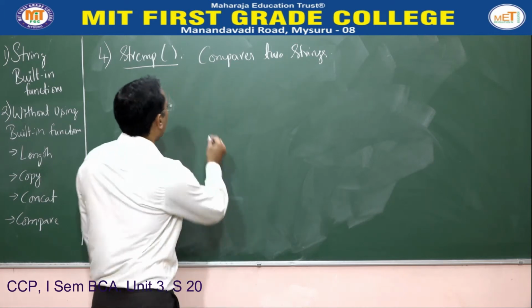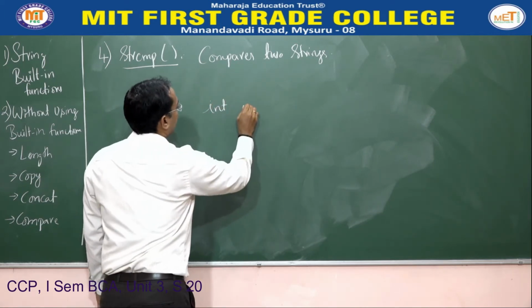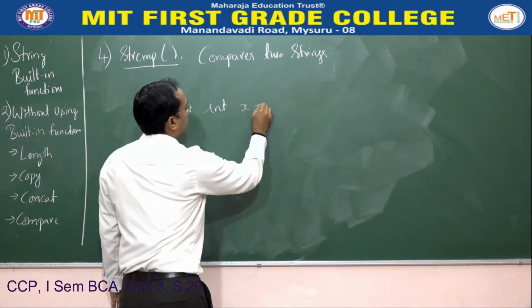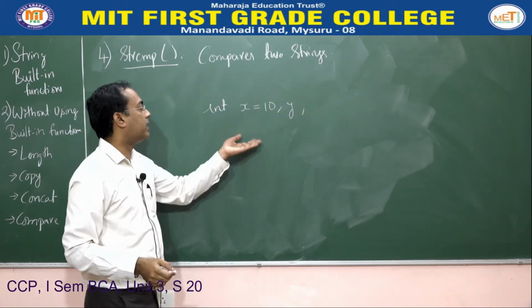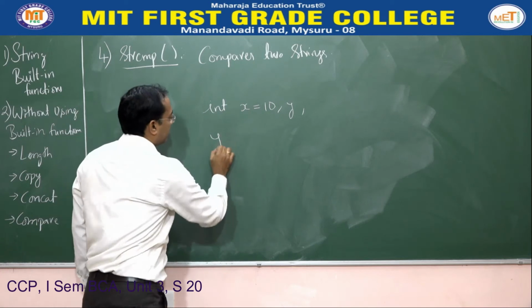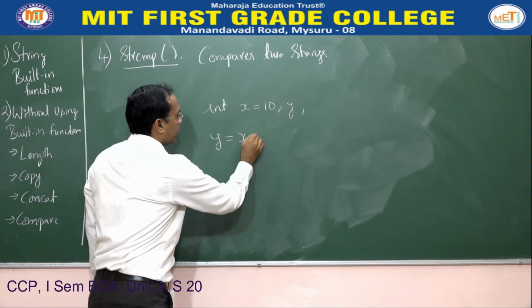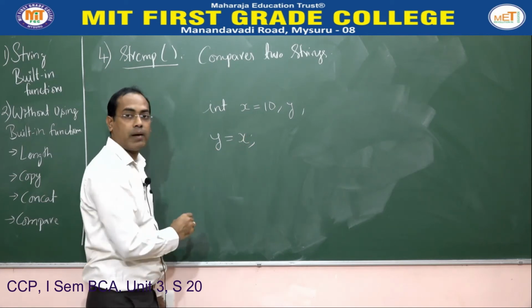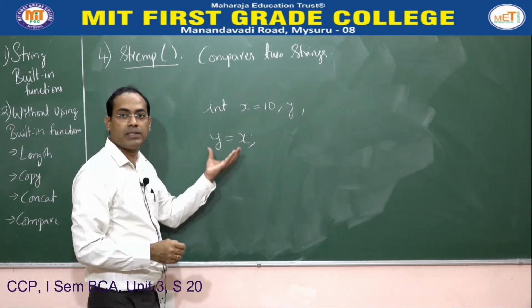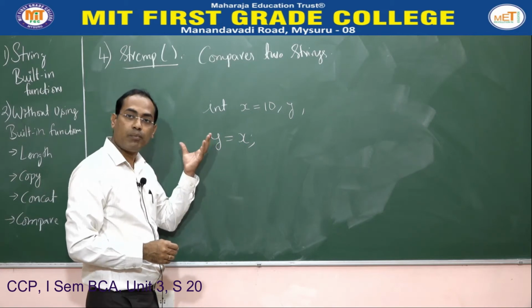The same way you cannot use them on strings. For example, I have integer variables x is equal to 10 and y. Suppose I want to copy the contents of x to y, it's just an assignment operator, y is equal to x. Okay, but I cannot copy two strings like this. It is not possible.